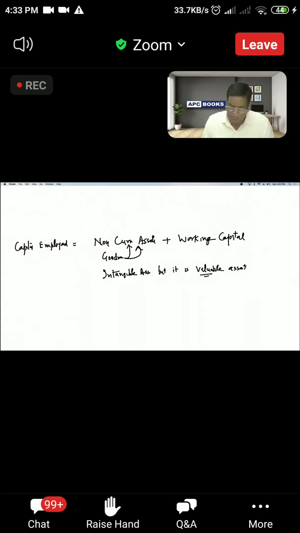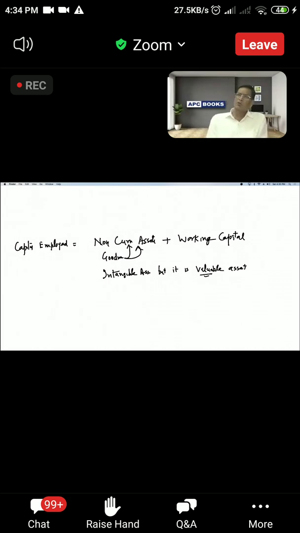Actually, it is purchased goodwill. Nothing is stated in the question. It is purchased because non-purchased goodwill is not shown in the books at all. Only purchased goodwill is shown in the books. Therefore, if goodwill is given, it means it is purchased goodwill. It should be added when calculating capital employed.